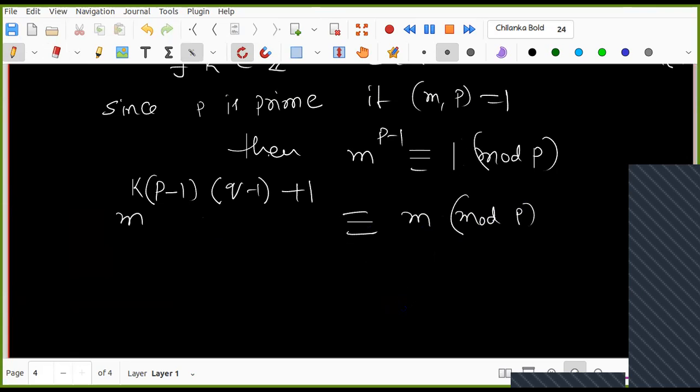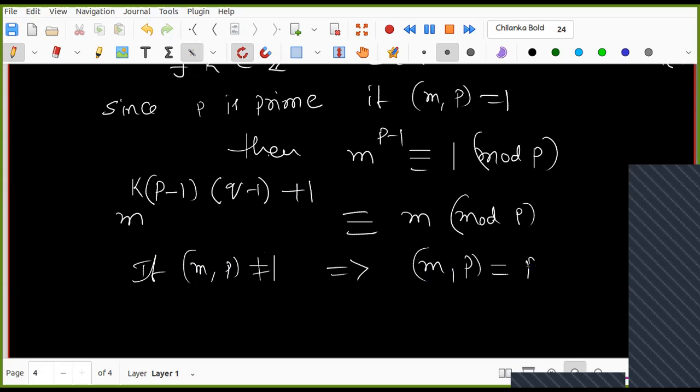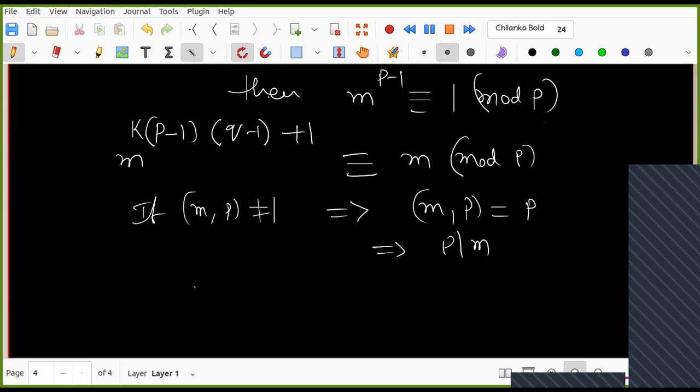Any questions here? See, if GCD of M and p is not 1, what does that imply? p is a prime number, so GCD of M and p becomes p, which implies that p divides M. In that case also this is true: M power k(p minus 1)(q minus 1) plus 1 is congruent to M mod p, even in that case.